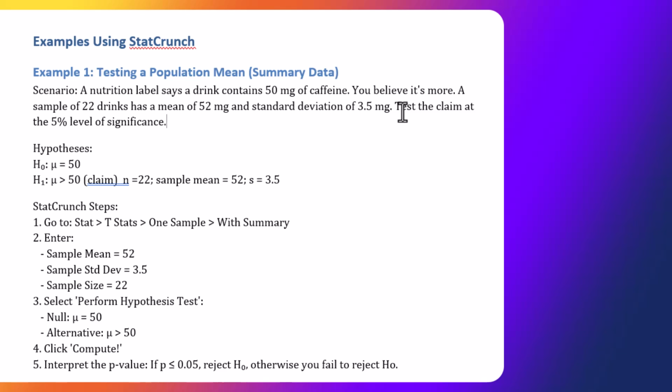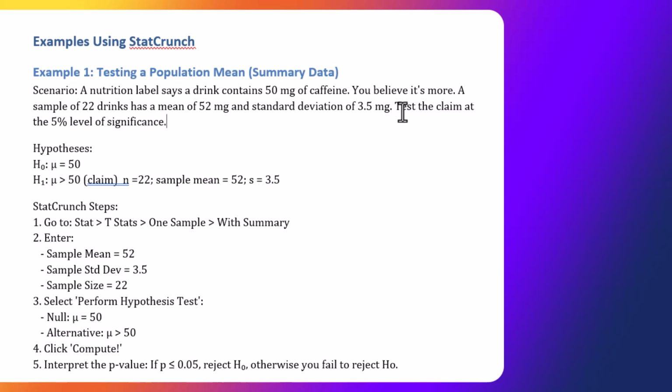Okay, here's why. Since he gave us sample information, the sample size, the sample mean, and the sample standard deviation, we're going to be using t-stats. You're going to see before t-stats, there is z-stats. The only time you use z-stats is if he gives you the population standard deviation.